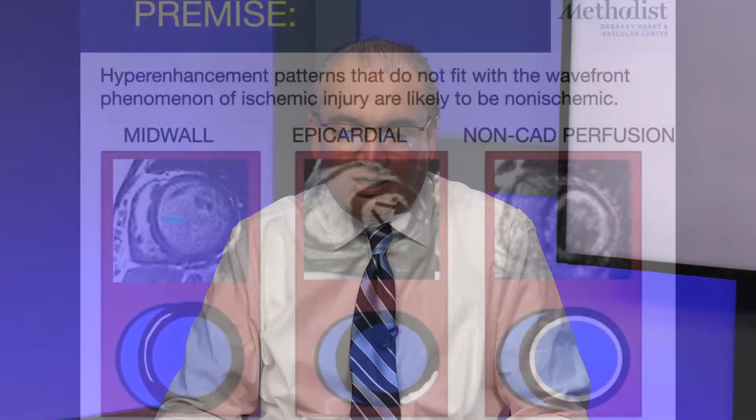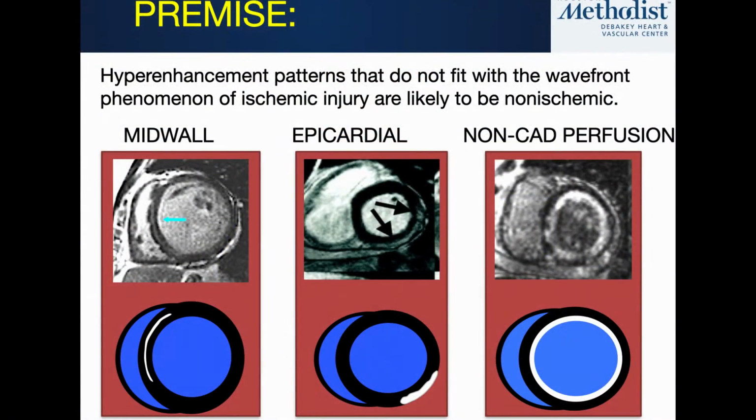This is a continuation of last week's lecture, where we talked about the role of echo and CMR. One of the key things we discussed with CMR is this unique ability to directly visualize myocardial damage, not only to identify that it's occurring, but also to see the exact location and pattern.